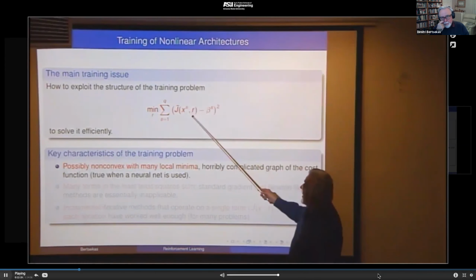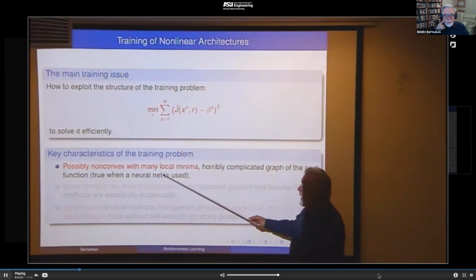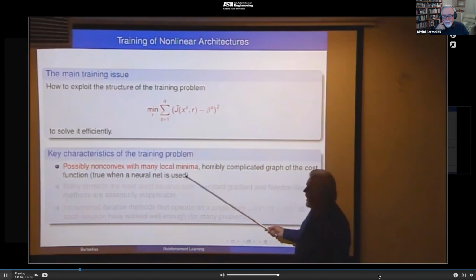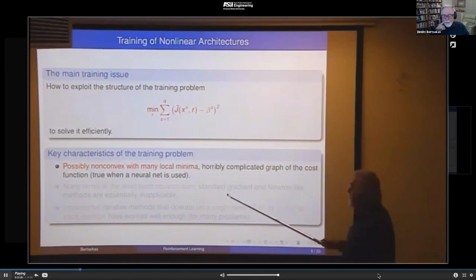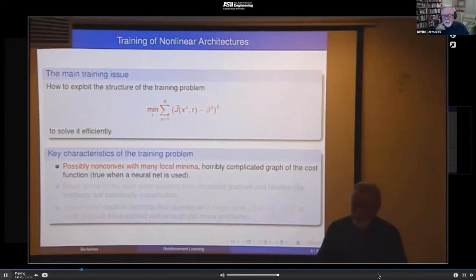Okay, for a nonlinear architecture, this is a non-convex function here with potentially many local minima, and it may be horribly complicated. If you look at it, even for very simple problems, just two or three weights, plot on your screen this expression here, and you'll find that it's really very bad looking.